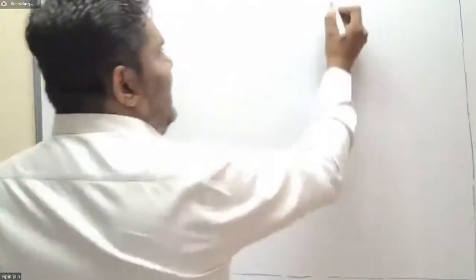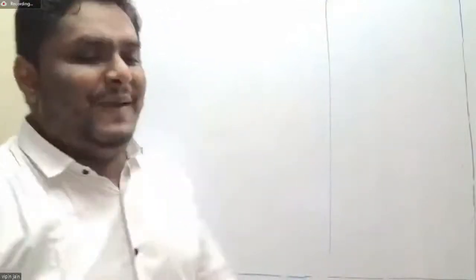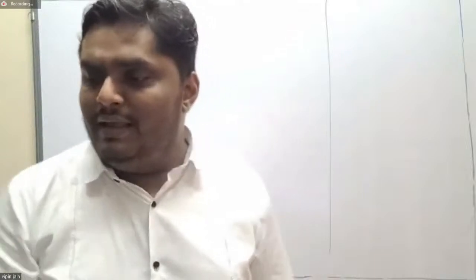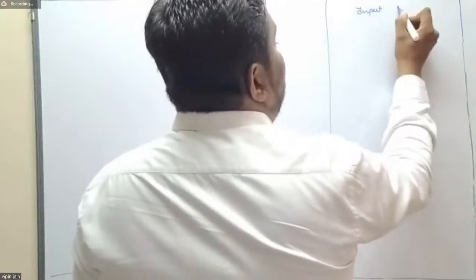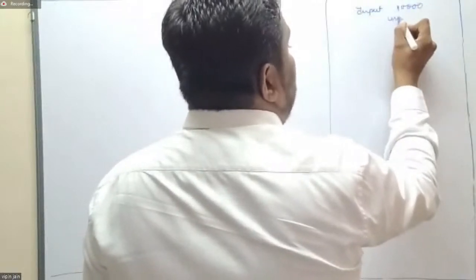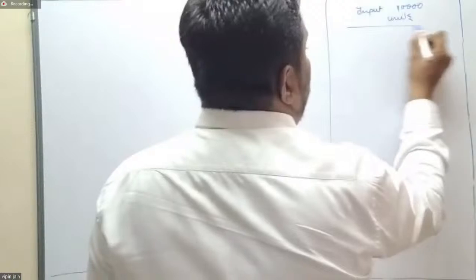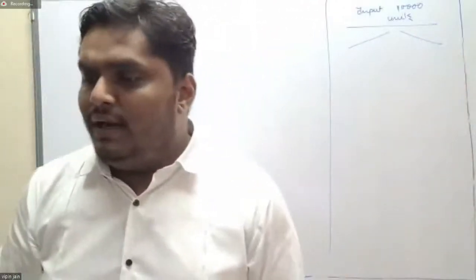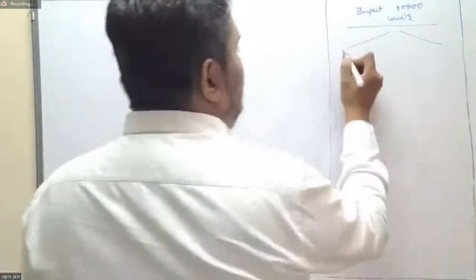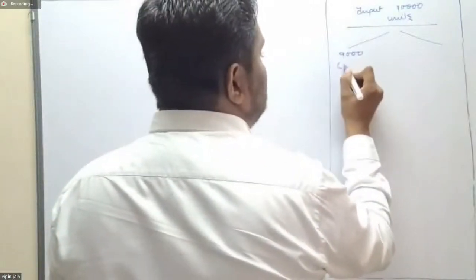You are required to prepare the statement of equivalent production and calculate the value of units transferred and closing work in progress. Now, guys, to explain the concept of equivalent number of units, let's discuss this example. Herein the total input is 10,000 units. Out of these, 9,000 units are 100% completed and transferred to the next process.